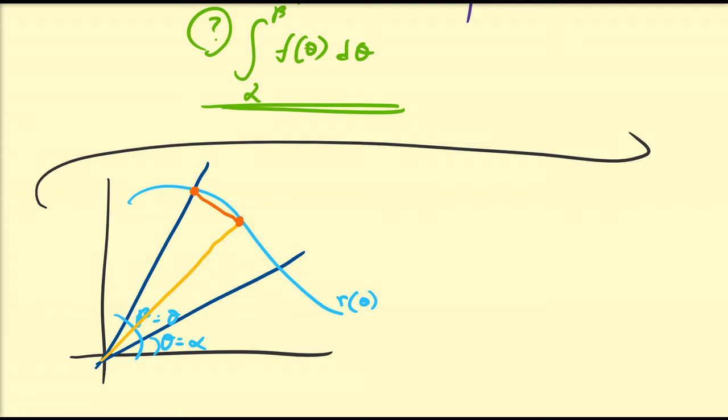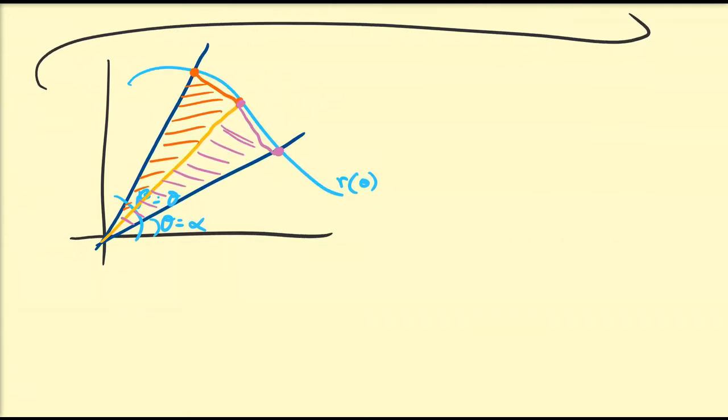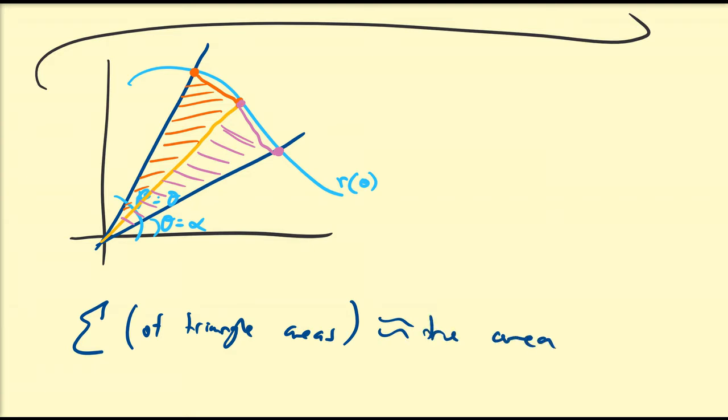So there would be the first triangle area, and then we have another triangle area. The sum of the orange and pink areas would be an approximation to this bounded polar region. The sum of triangle areas clearly is an approximation for the true area.